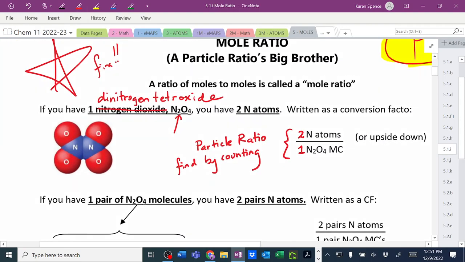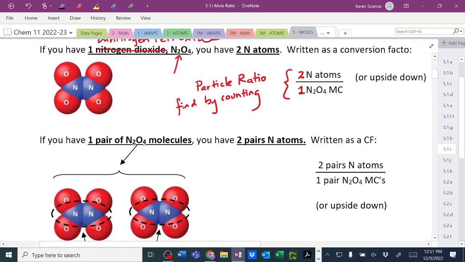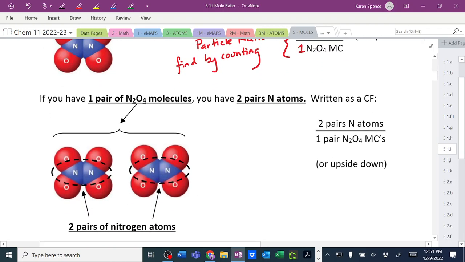Now we're going to scale this up. So if instead of 1 dinitrogen tetroxide, what if I have a pair? A pair. How many is a pair? 2. So now I have a pair of N2O4 molecules. And I say to you, how many pairs?